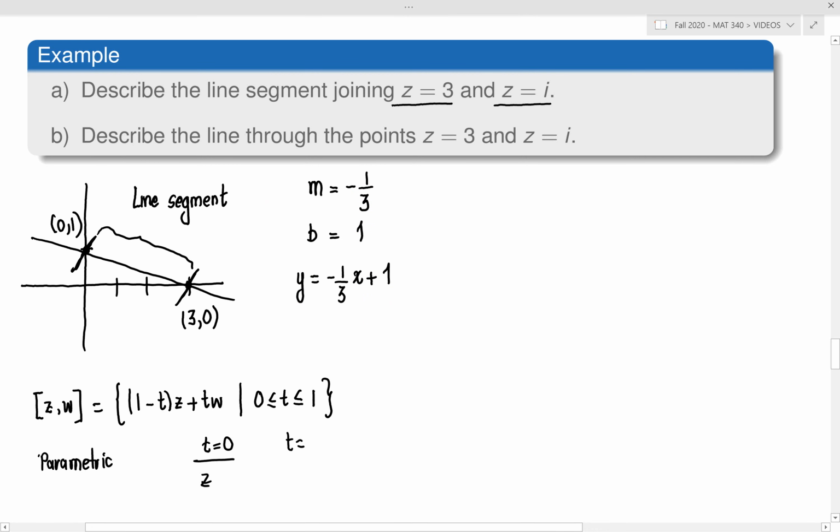And when t is equal to 1, I get 0 times z plus 1 times w, which means I'm at w. So this represents a line that starts at z and ends at w. This is a nice representation for a line segment.